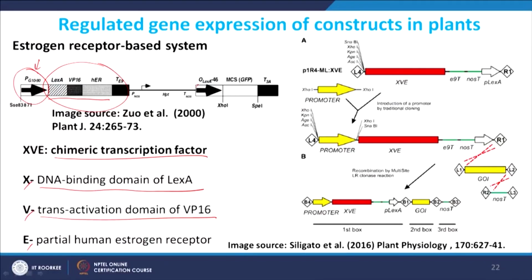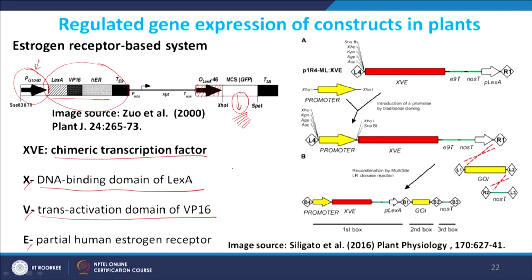So, here you can regulate both ways, and what you do is put a LexA binding site just upstream of a basal promoter, and then put your gene of interest, whatever you want to express. You want to express an overexpression construct, an RNAi construct, an artificial microRNA, whatever construct you want, you express it here.